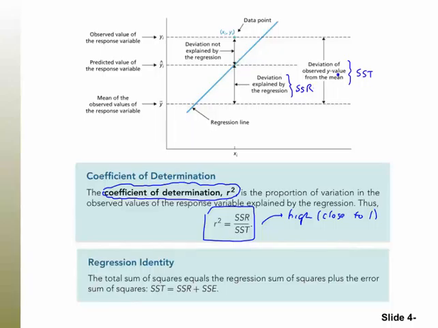Small, right? If SSR over SST is almost 1, then SSE is a very small fraction of the SST. If SSR is a big fraction of the SST, then the error part is a small fraction of SST, and that would indicate low total error of the data points compared to the regression line.